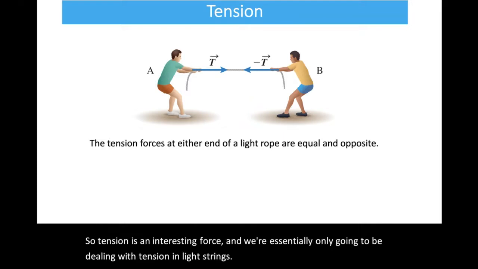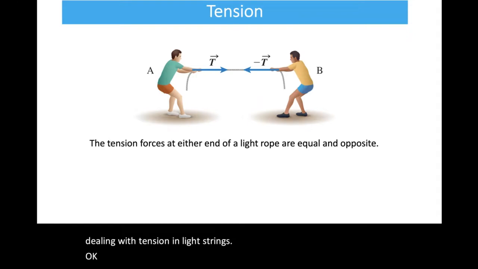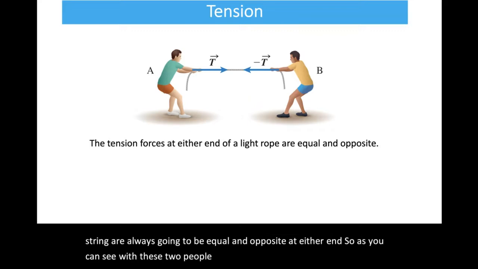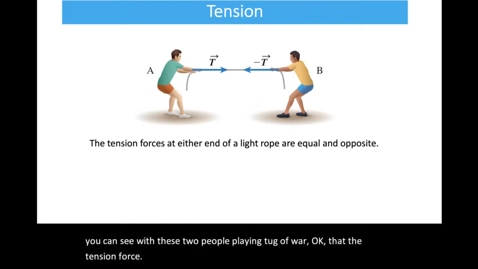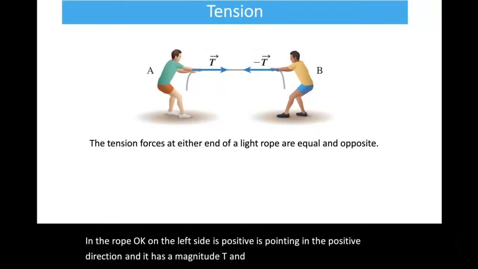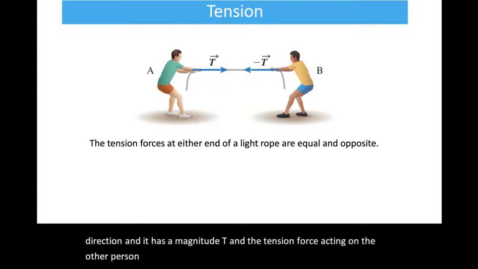Okay, so tension forces, basically, if you're only dealing with a light rope, a light string, are always going to be equal and opposite at either end. As you can see with these two people playing tug of war, the tension force in the rope on the left side is pointing in the positive direction and has a magnitude T, and the tension force acting on the other person, person B, is pointing in the left direction, the opposite direction, but has the same magnitude.